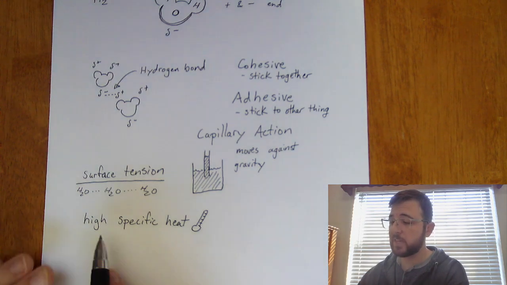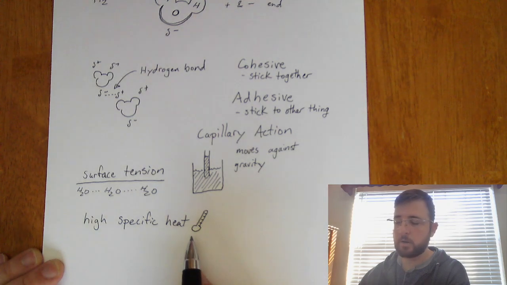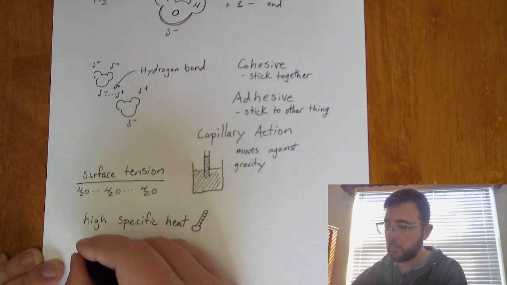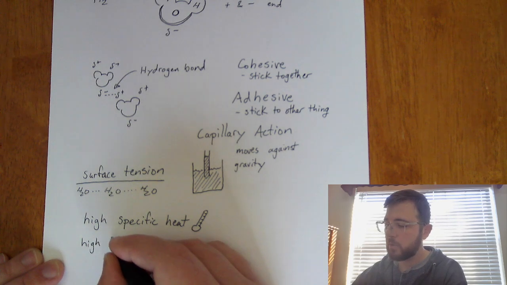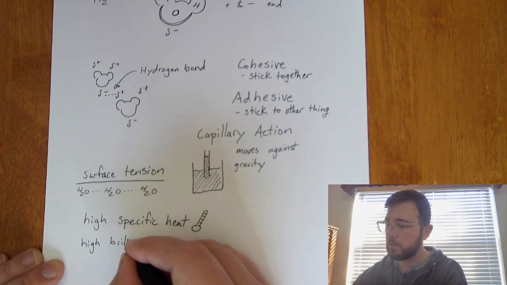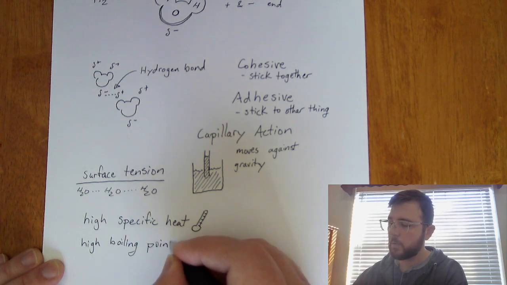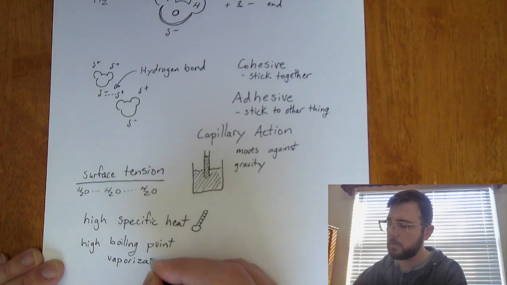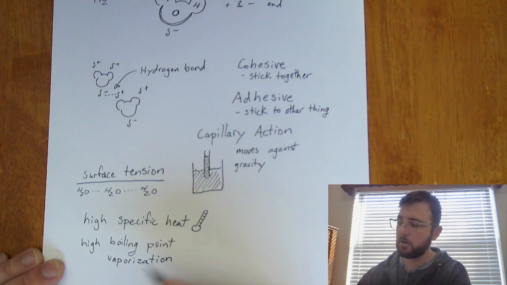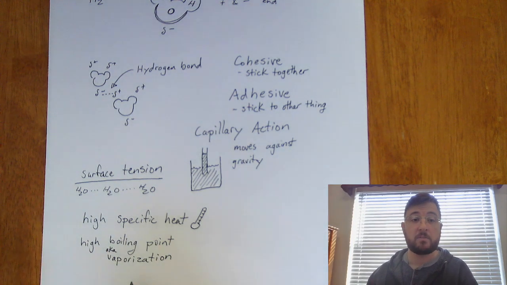Okay, so high specific heat means it takes a lot of energy for it to change the temperature of the water, which means also that water has a high boiling point, or high vaporization. These are the same, aka boiling point is the same as vaporization.